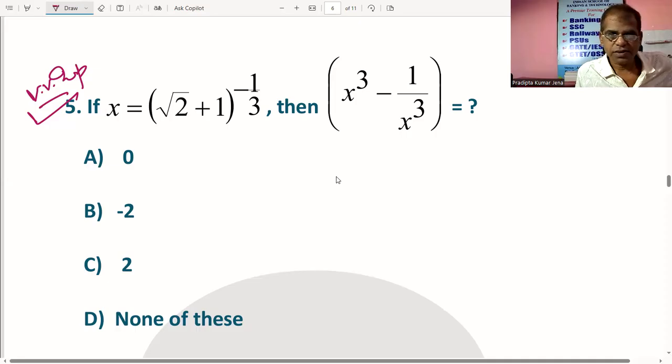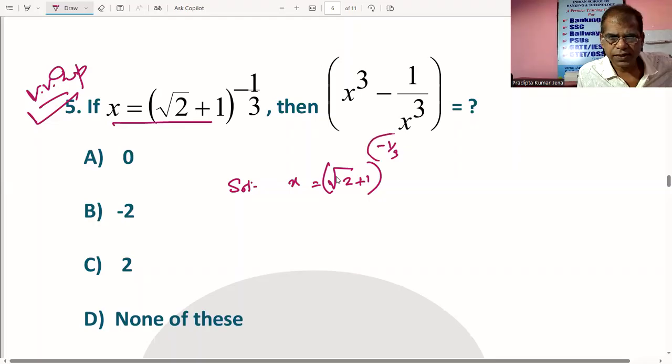So look at the solution. Very interesting question. Given x is equal to root 2 plus 1 to the power minus 1 by 3. We should remove this power. This is the LHS, left hand side, and this is the RHS.